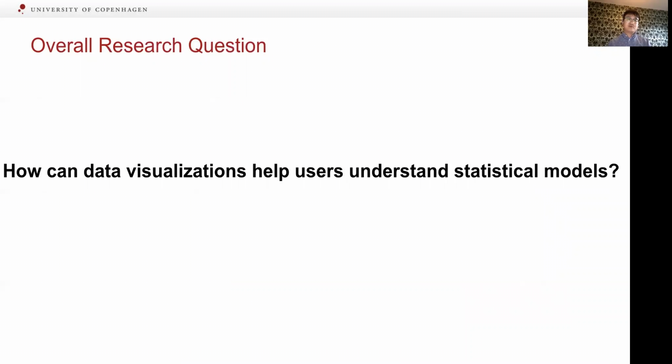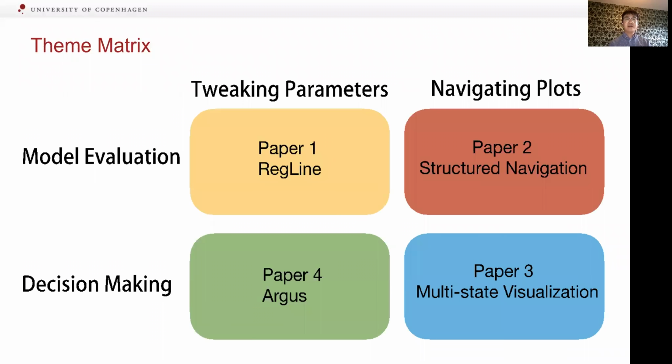This also draws the overall research question of my PhD work. How can data visualizations help users understand the stats models? I conducted 4 studies to answer this research question. In particular, I used 2 visualization approaches to address the 2 challenges.